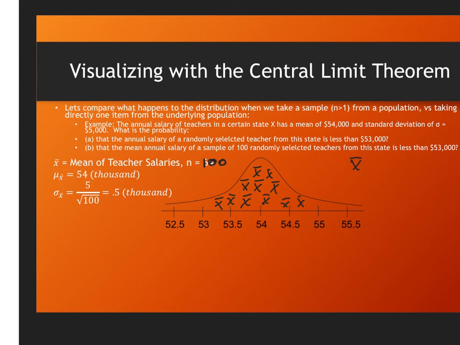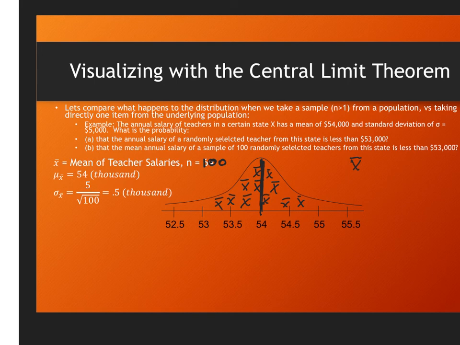What we see, according to the central limit theorem, is that the center, or the mean, of all of those samples, so if I were to take every sample of size 100 and average those averages, those X bars, they would center themselves around 54, just like my original individual teachers did.